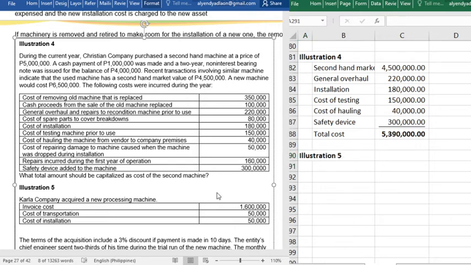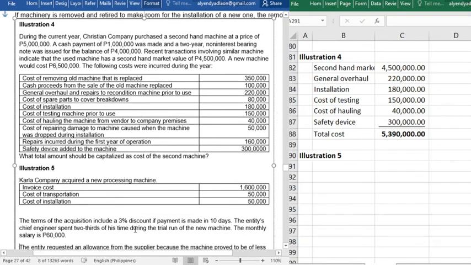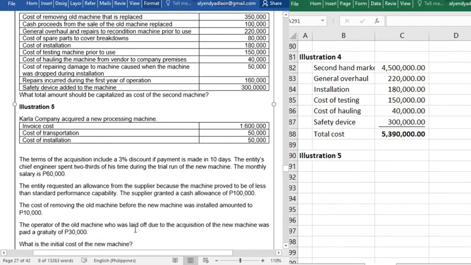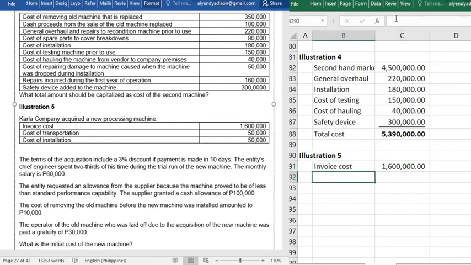For illustration 5, the question is, what is the initial cost of the new machine? Carla Company acquired a new processing machine. Of course, we have the invoice cost, and that is added to the machinery of 1,600,000.